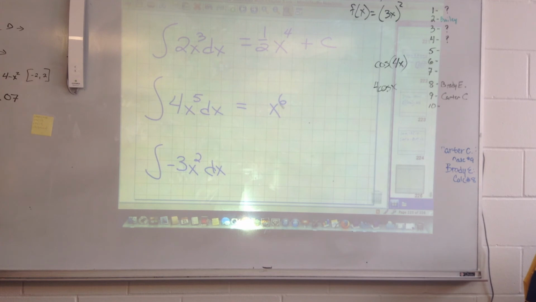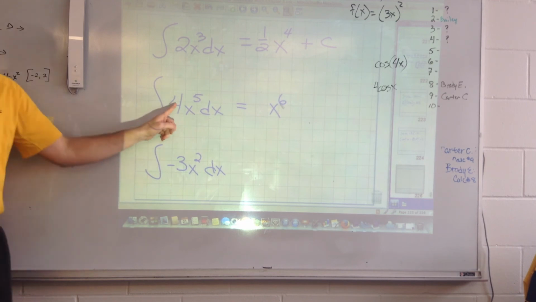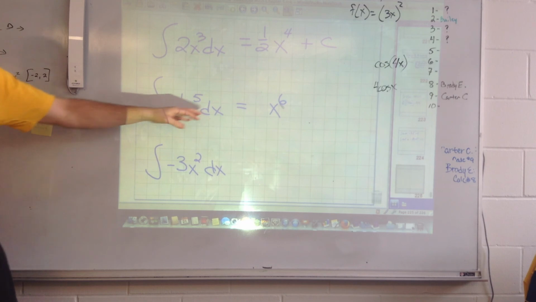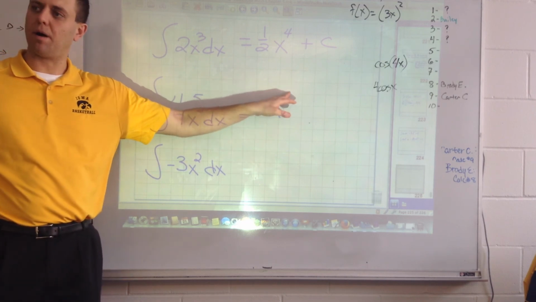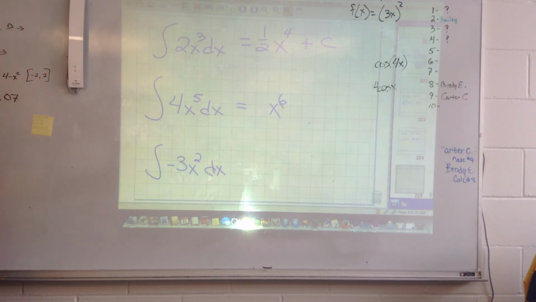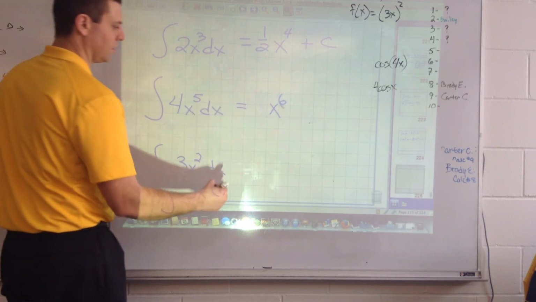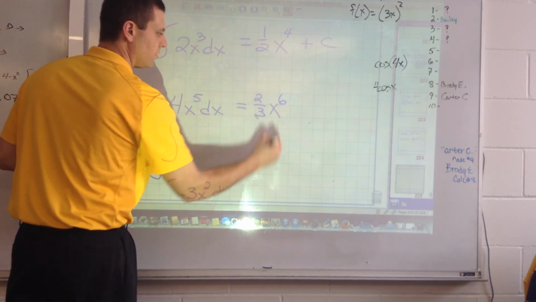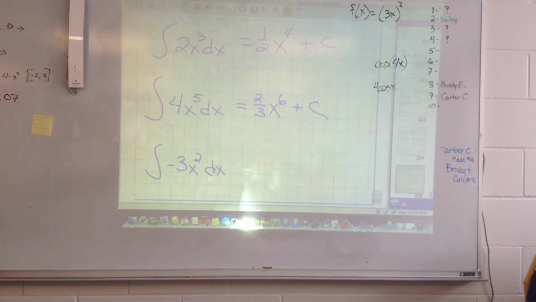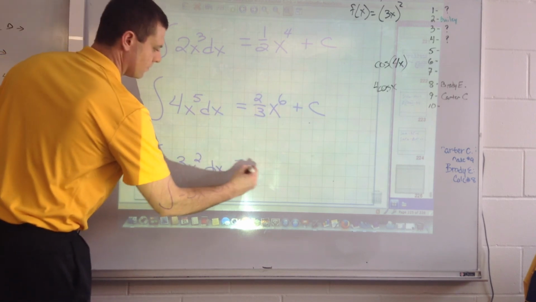He's going to take this divided by the power that's 1 higher than what you have, which is the same thing as me thinking 1 higher power times what I have times what gives me this. I do better thinking multiplication wise. This one's pretty easy either way. So 2/3 x to the sixth plus c. I need to stop forgetting the plus C.